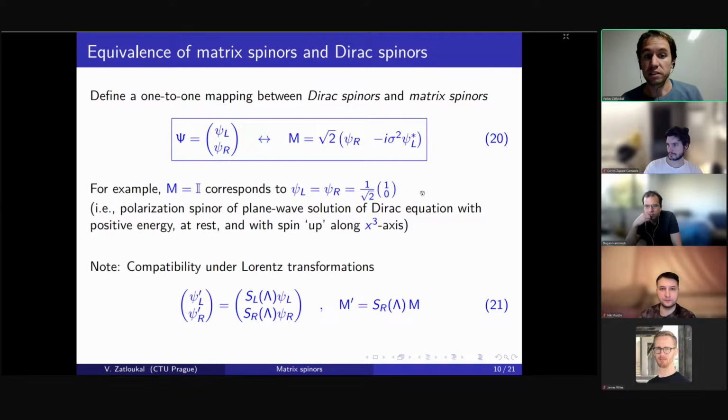And this is a polarization spinor in the Dirac theory of a plane wave solution of the Dirac equation with positive energy, at rest, and with spin up. So it's the basic polarization spinor, and for us, it's the simplest matrix that we can think of.